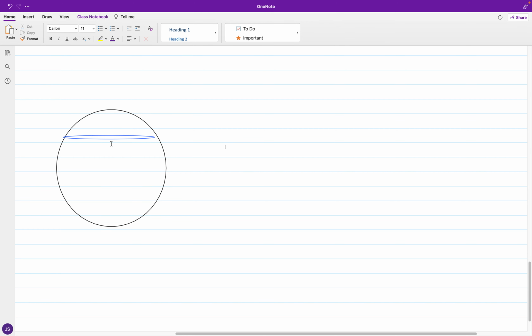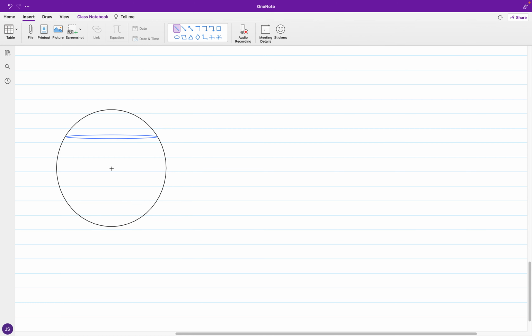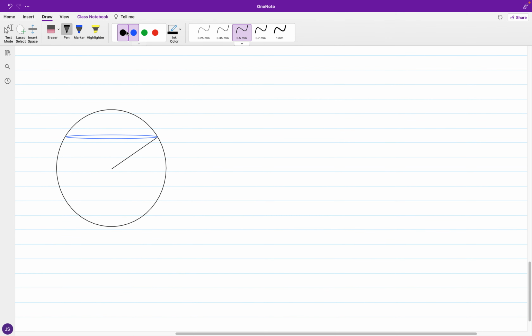All right, so for this tank, you have a 4-foot radius. And in the setup, we can form a right triangle.